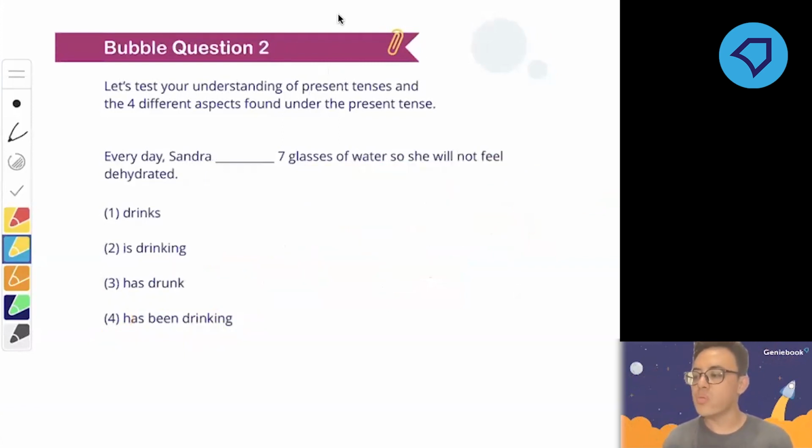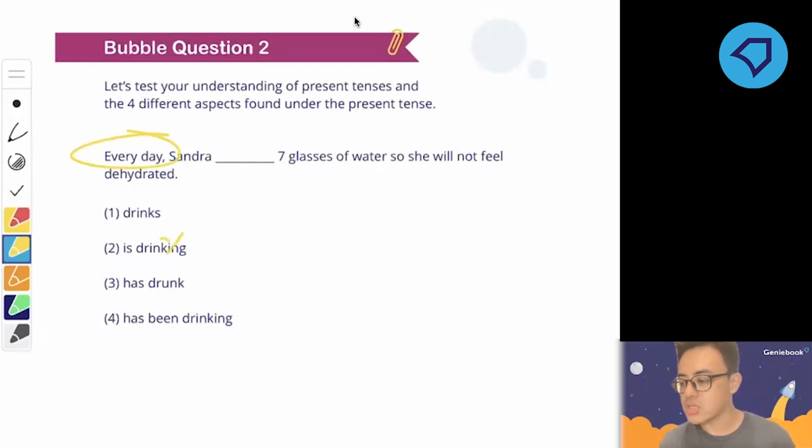Every day, Sandra what 7 glasses of water so she will not feel dehydrated? Answer number 2 in 3, 2, 1. Okay, so if the action is very fast, drink, finish. If its action is very fast, we don't use the ing form. Okay, if it happens every day, we don't use the past tense.